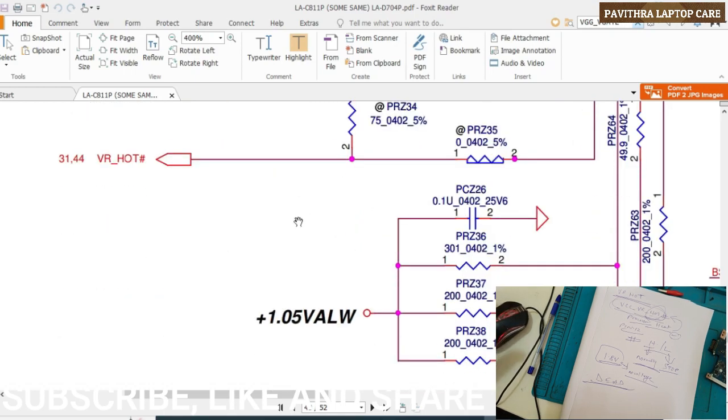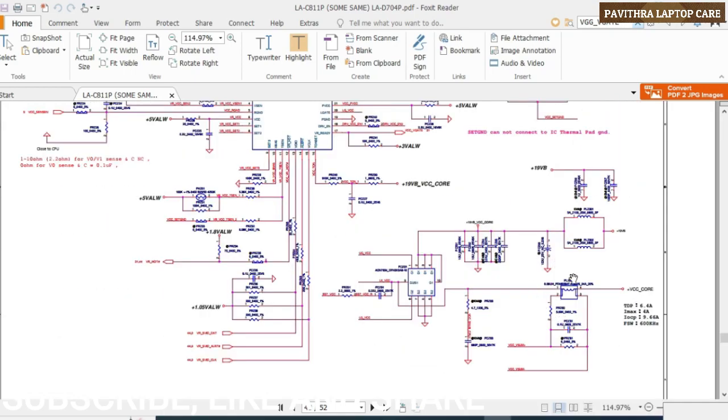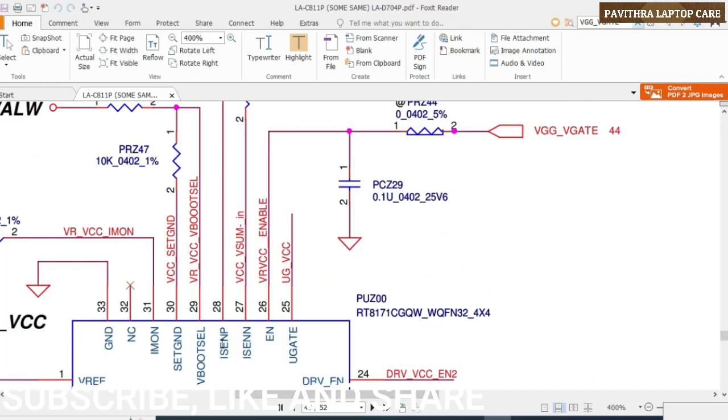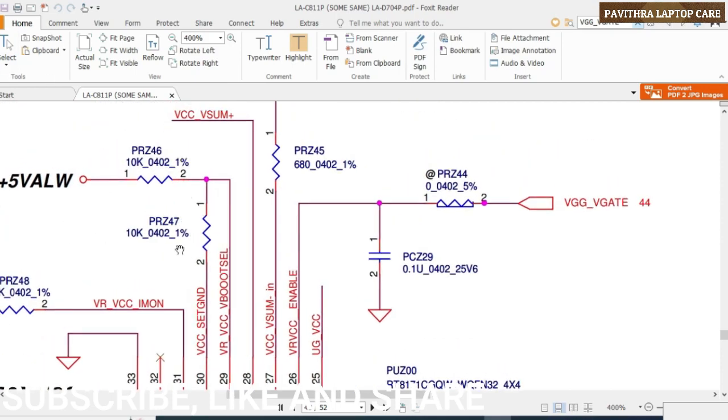In the CPU section, if this particular VCC core gets more heat, then this particular pin, VR hot, will be the reason. So you need to check this particular voltage divider.